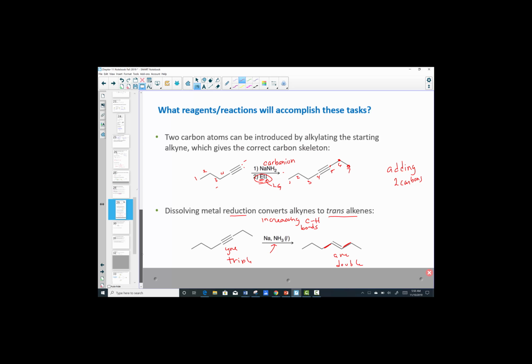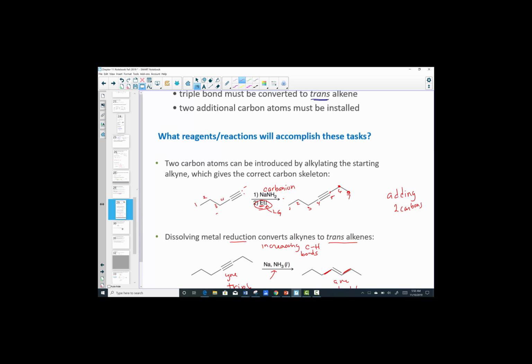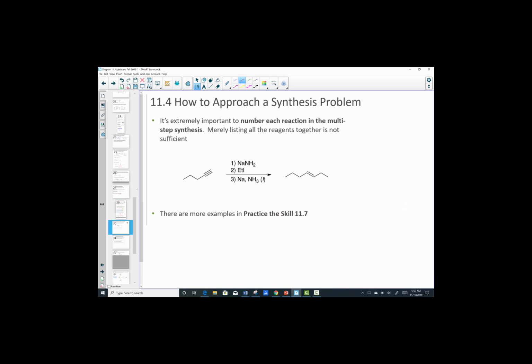And we've accomplished all 3 steps, making sure that we end up numbering them. That's very critical, to make sure you number each reaction in a multiple step synthesis. Merely listing all the reagents together is not sufficient, and instead we have to list step 1, step 2, step 3 to accomplish all of the transformations.